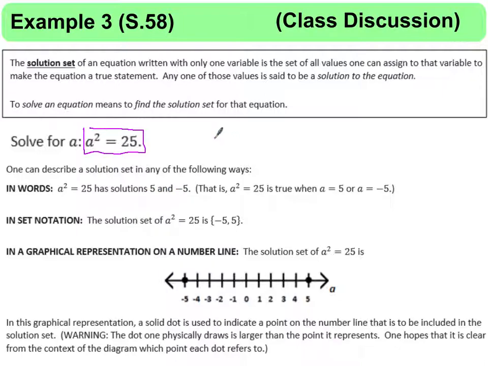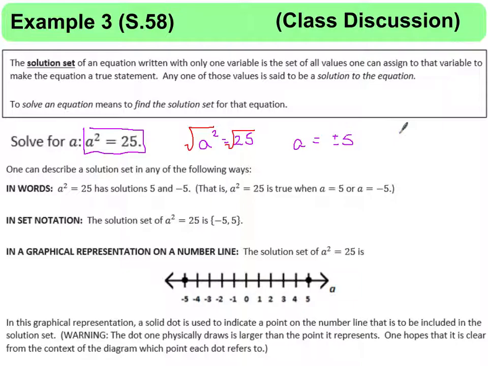Or in other words, what the teacher tells the students is, if I have a squared equals 25 and I want to solve for a, then I'm going to take the square root of both sides. And so when I write my answer down, I will say a is equal to, and the square root of 25 is 5, and then the teacher will tell the students to put a plus or minus.